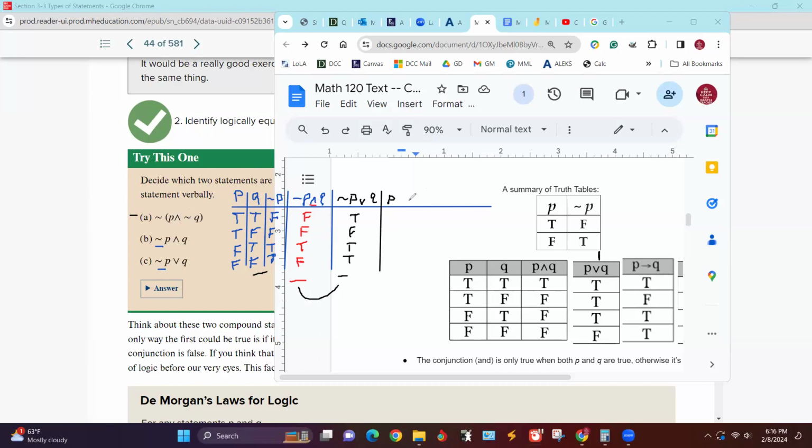And then I'm going to put the not Q right here. I'm going to have to create the not Q because we don't have it, but the P was already over here. I'm just moving it from over here. So this is true, true, false, false.